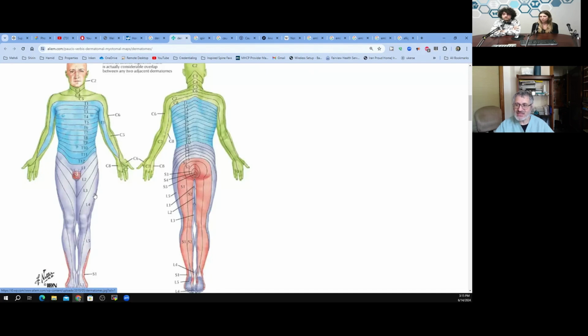Outside of the thigh is L4. Back of the thigh is L5-S1. That is why one of the first questions I ask anybody in the clinic is, forget about your back pain, tell me about your leg pain. Is it in the front, side, or back of the thigh? You hear me a lot asking that question.